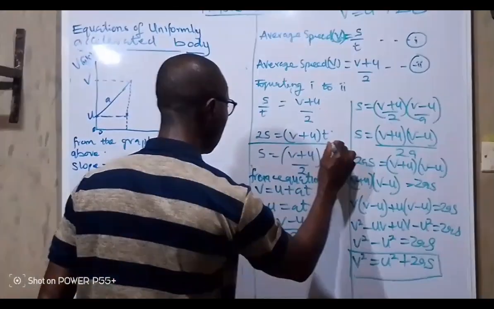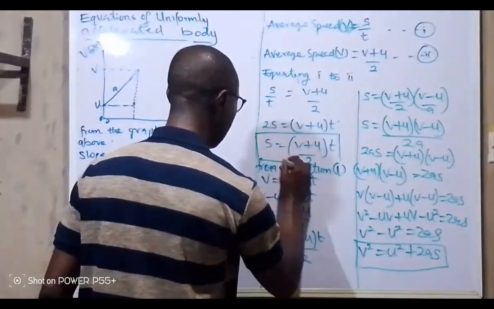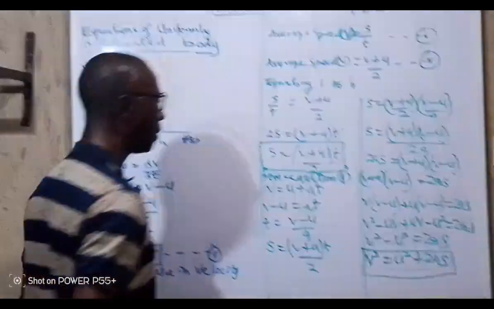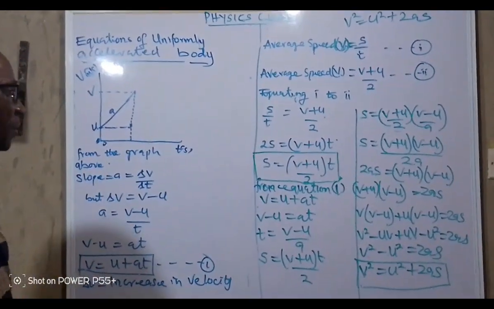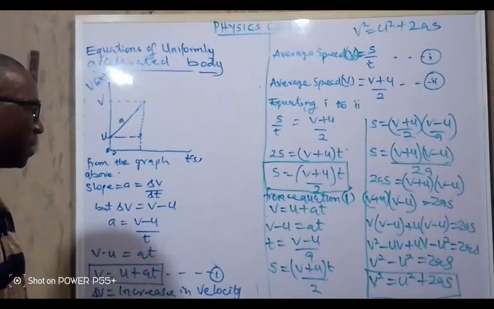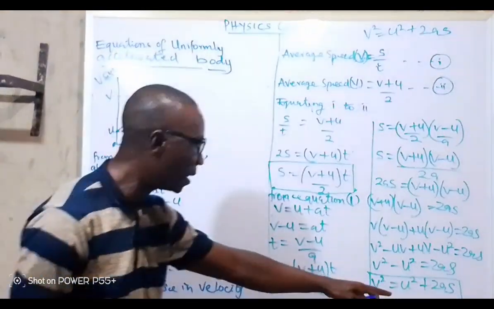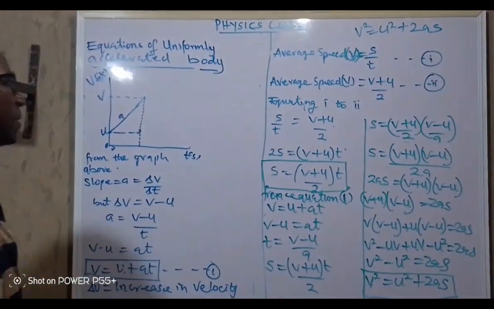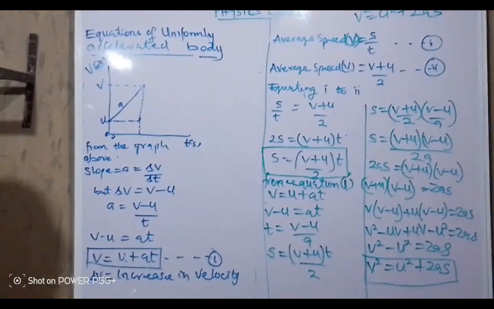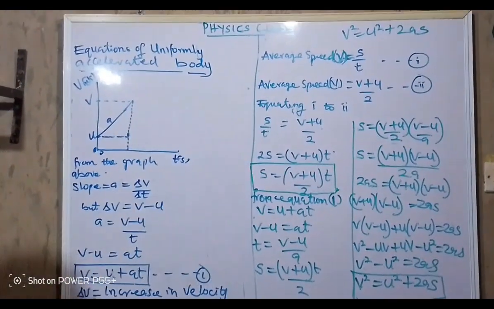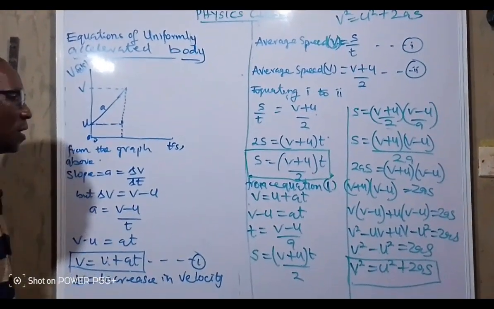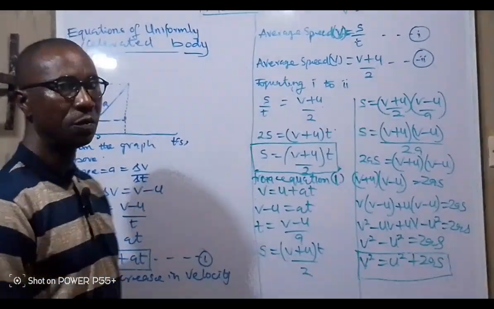So we come across the 4 equations: equation 1, equation 2, 3, and the last one that I added the other time. Now the next thing is to use all these formulas to solve some problems.